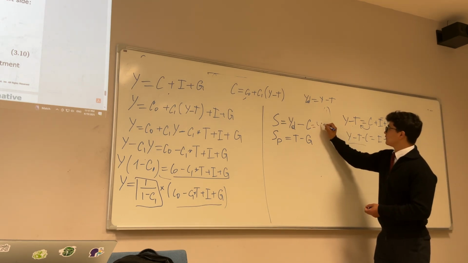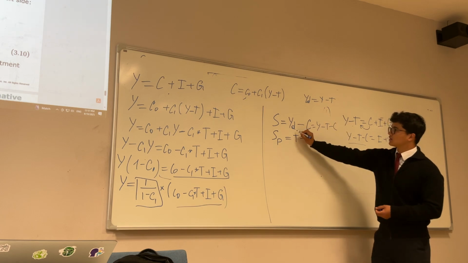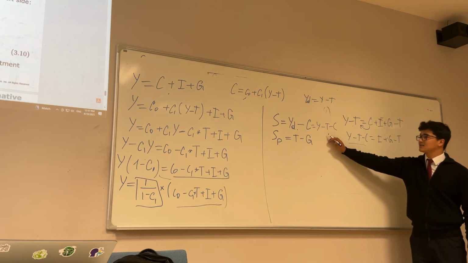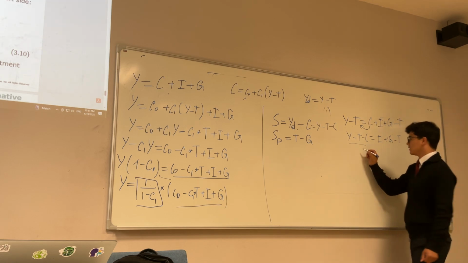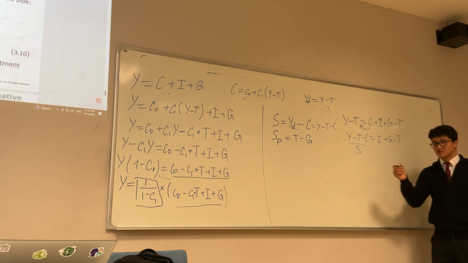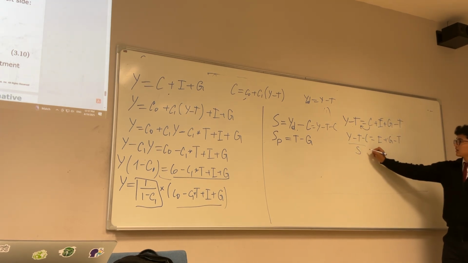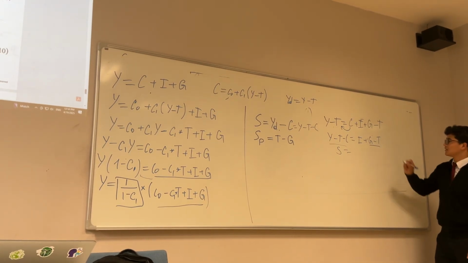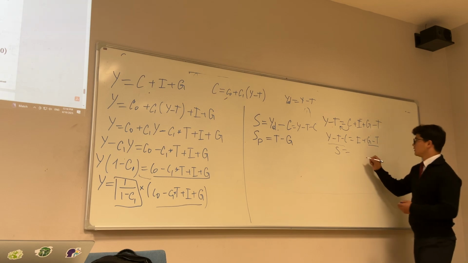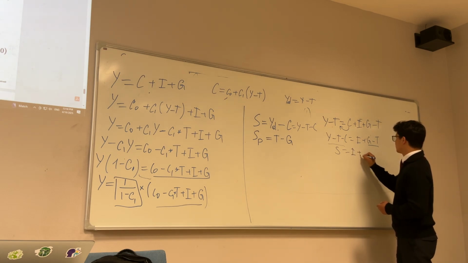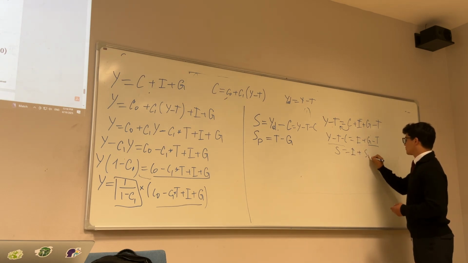Expanding this, Y minus T minus C, our disposable income minus consumption, is private savings. I will just write S. So here, what is G minus T? Public savings, right?